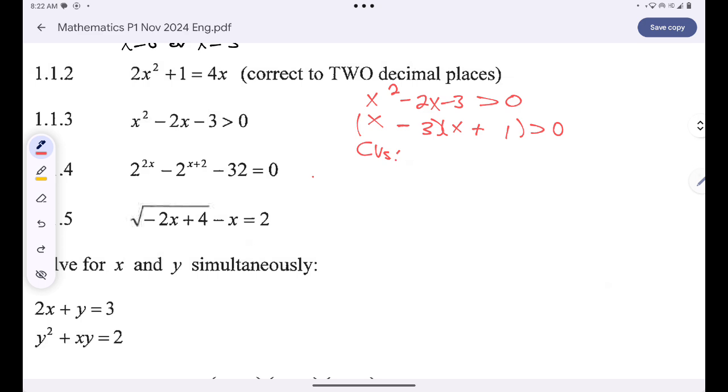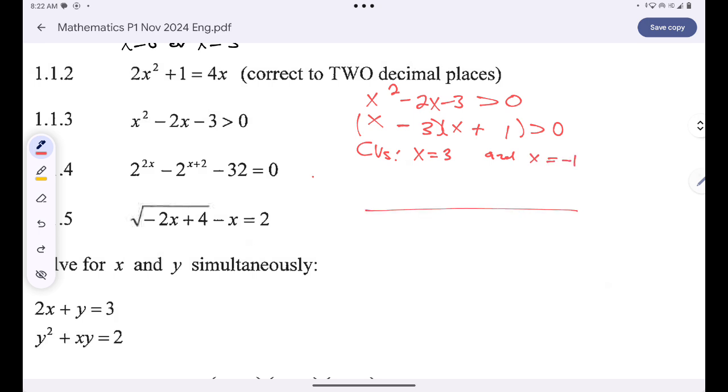You may ask yourself, what are critical values? Critical values are the values of x that, when you substitute in this expression, you will simply get an answer that is equal to 0. So when x is equal to a positive 3, I know that I'll get a 0. And another one is when x is equal to a negative 1.